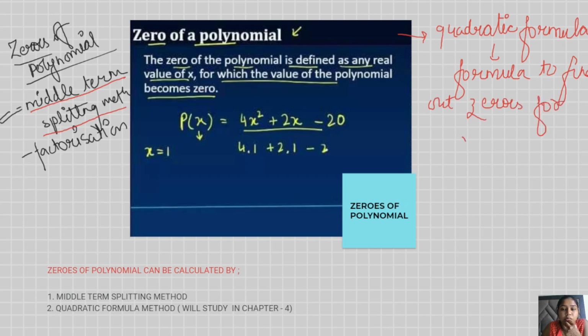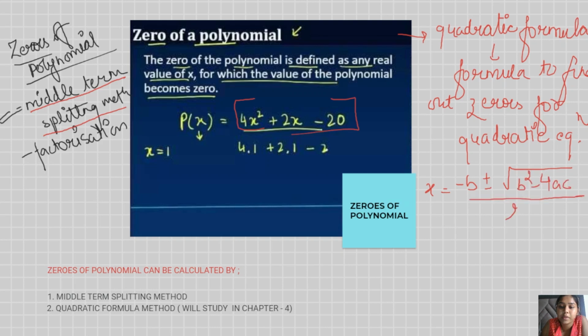Quadratic equations are those equations which have the highest power or degree equal to 2. The quadratic formula is x equals minus b plus minus root over b square minus 4ac, divided by 2a.